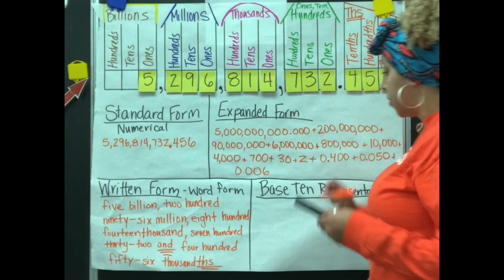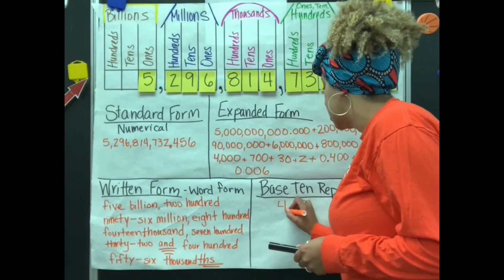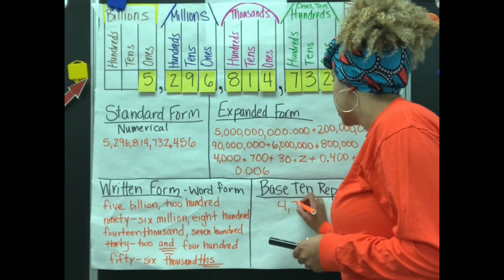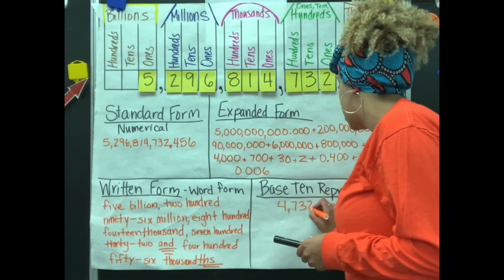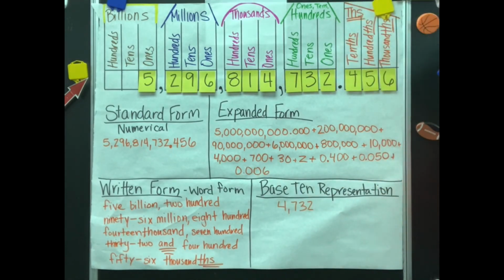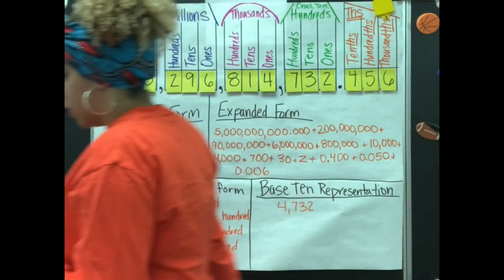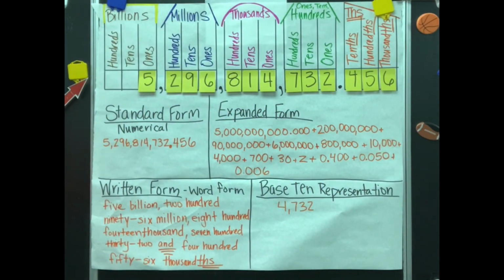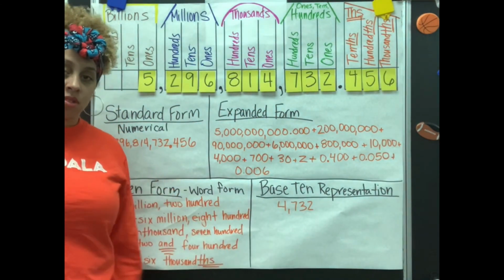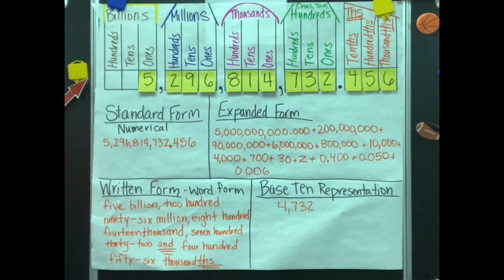So our number that we're gonna use is 4,732. So I want you to think about how you would represent this if you were going to show this number with base 10 representation.